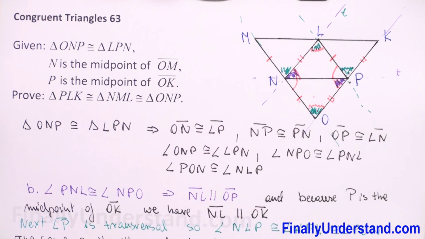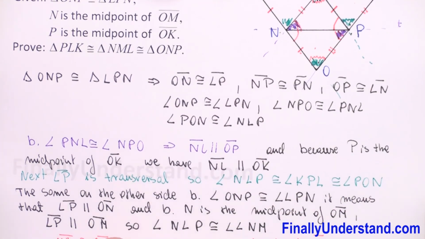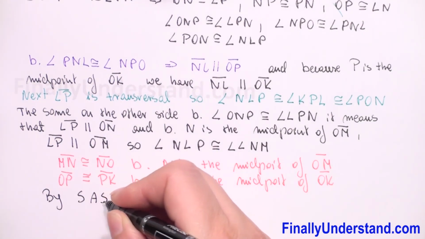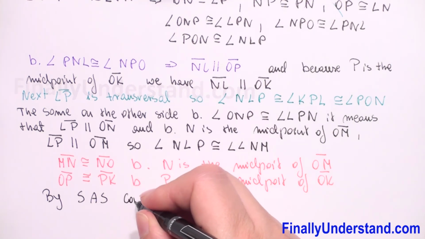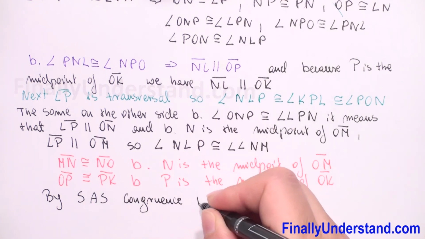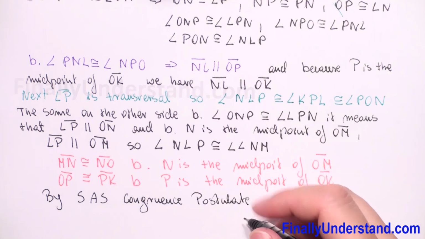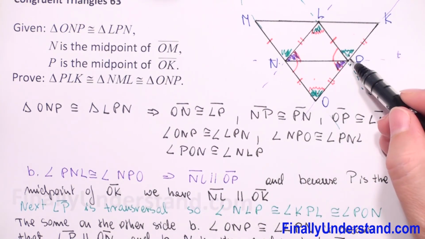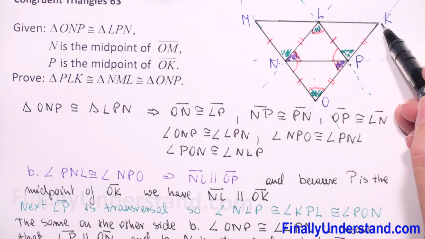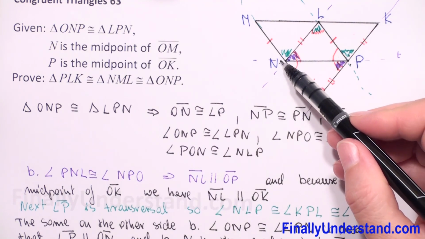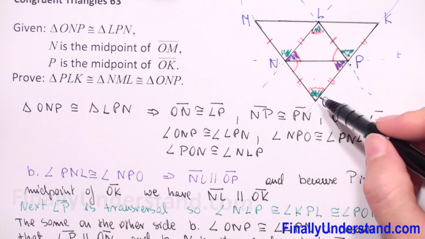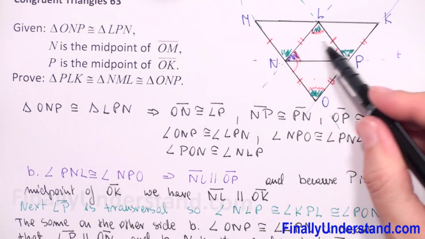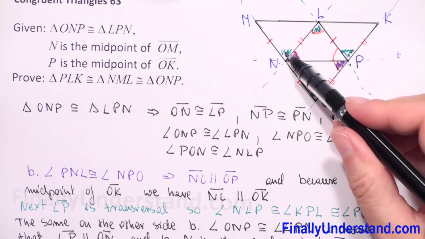So let me write this, that by the side angle side congruence postulate, triangle PLK is congruent to triangle NML and to triangle ONP, because we see that corresponding sides are congruent and corresponding angles are congruent.